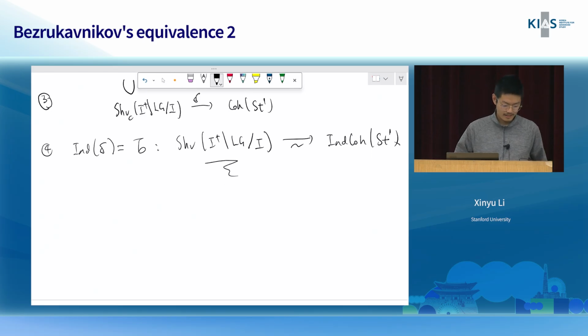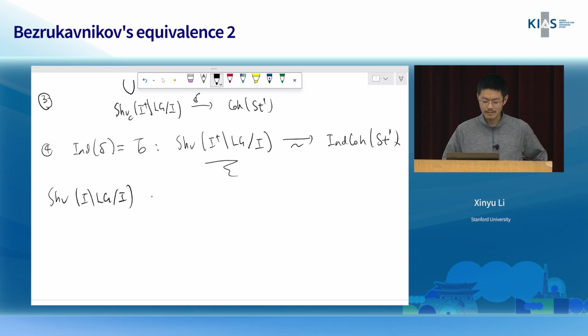Okay, so let's first focus on the automorphic side. Then, as we know, this affine Hecke category categorifies what's called the affine Hecke algebra.